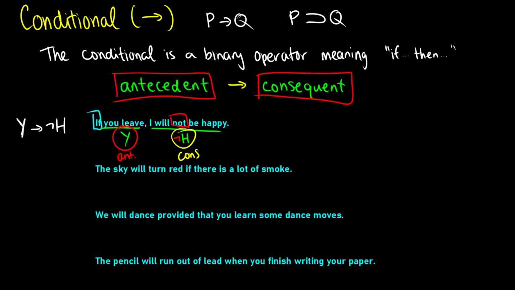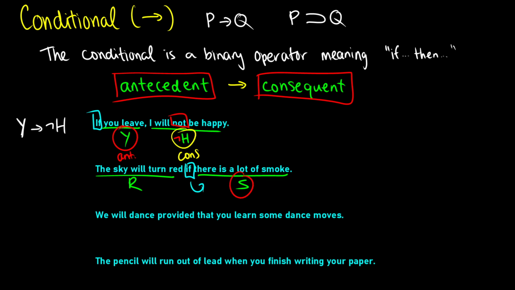Okay, next one. The sky will turn red, let's call this S, if there is a lot of smoke. Okay, I'm going to actually change my label for this. I'm going to call that R for red, and there is a lot of smoke, I'll call that S. Now, here, if is in the middle. So what is the antecedent? Well, whatever comes after if, in this case, if there's a lot of smoke.